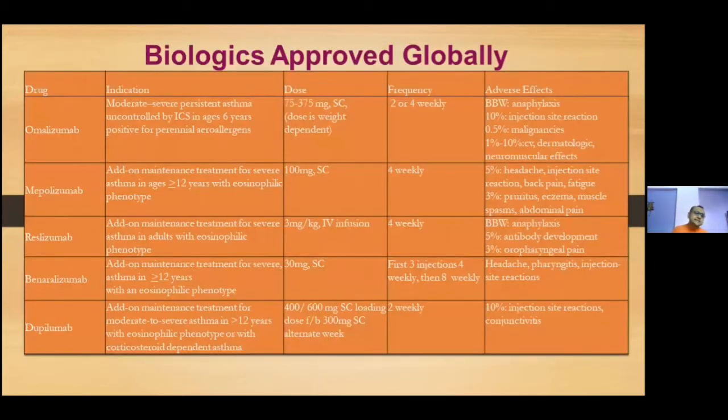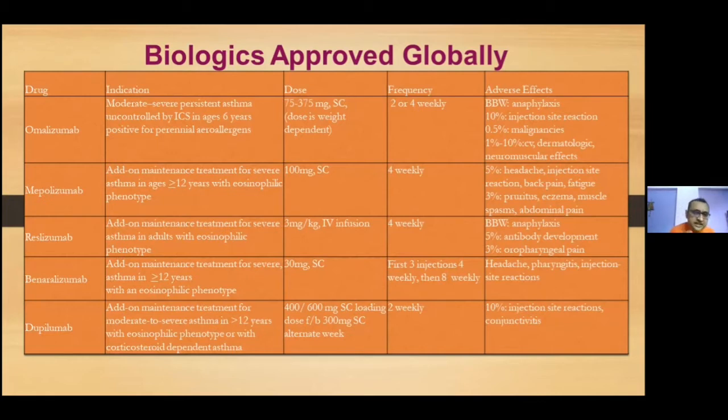So this is one list of biologics that are approved globally. Omalizumab is also available in Bharat. Mepolizumab is also approved in Bharat, but most of the other drugs are still not approved by our DCGI, though these drugs are already approved by FDA.